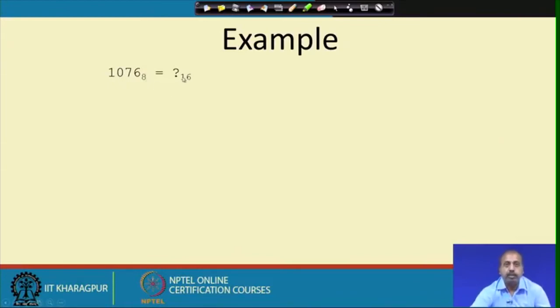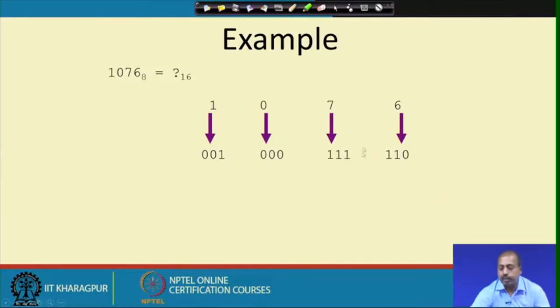What is the value in hexadecimal? Since this is an octal number, I can convert the individual digits into 3-bit patterns, getting the corresponding binary bits 001, 000, 111, 110, and now I will group them in terms of 4 bits from the right side.